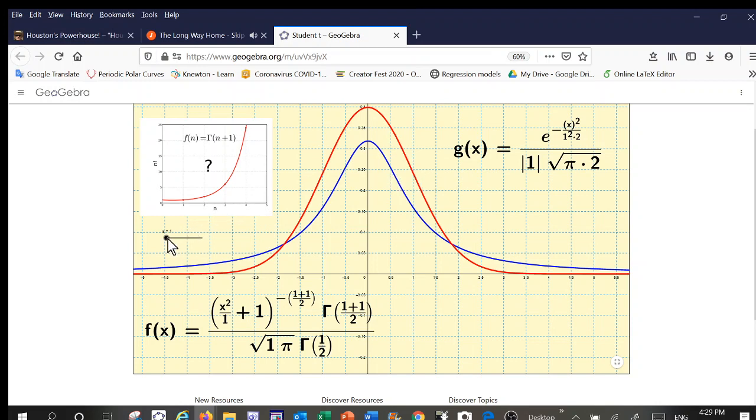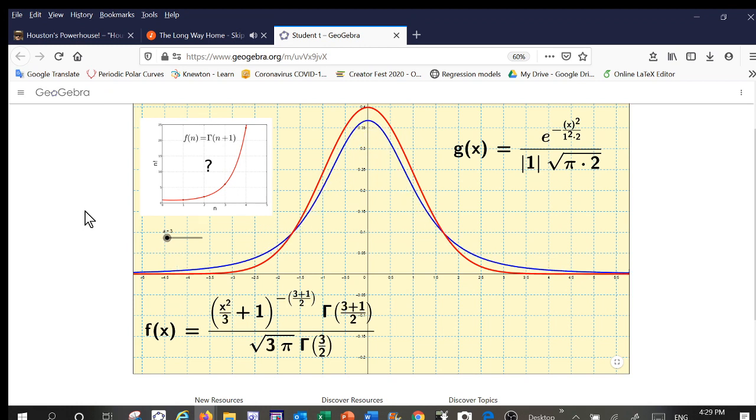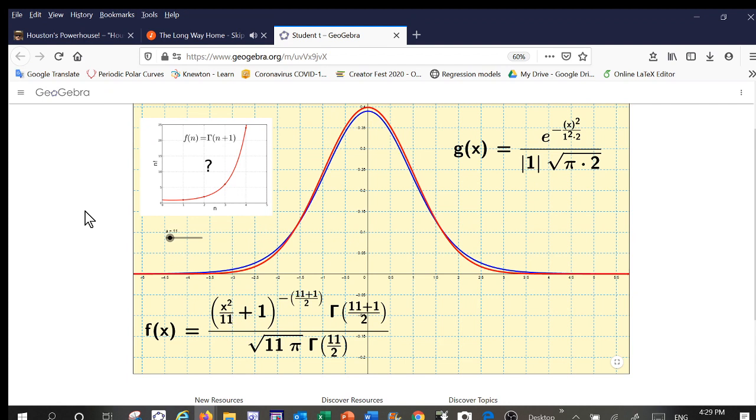Now I'm going to change the sample size, and as I change it, you see that the blue graph approaches the red graph. When the sample size is close to 30 or more, the blue and the red are kind of the same. They're not exactly the same, but the t distribution becomes like the normal distribution.